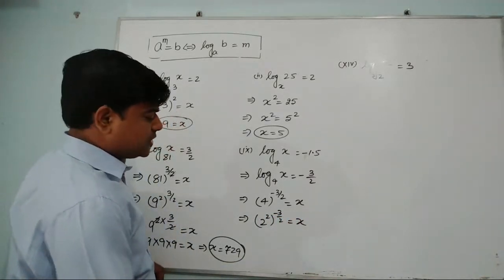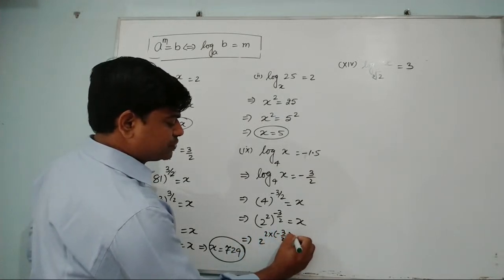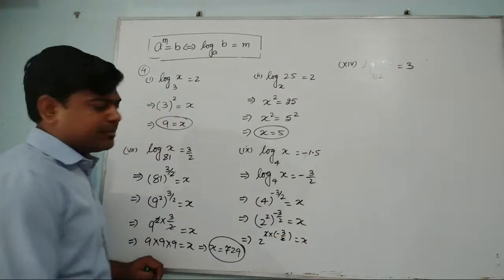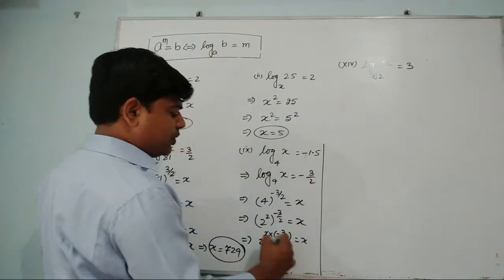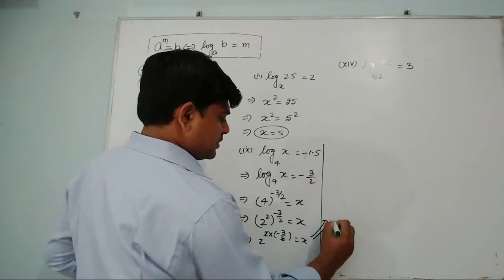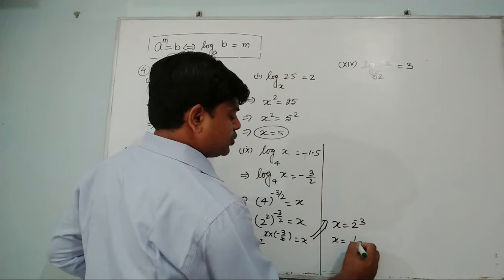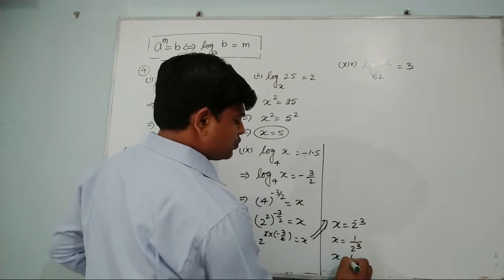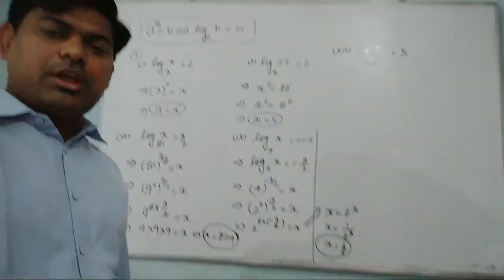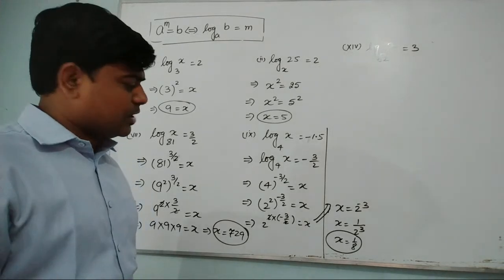Now, as we had learned, 2 to the power 2 into minus 3 upon 2 is equal to x, then they will eliminate, and we will have the value of x as x is equal to 2 to the power minus 3, x is equal to 1 upon 2 to the power 3, x is equal to 1 upon 8. This one will be the result. X is equal to 1 upon 8 will be the result for you.